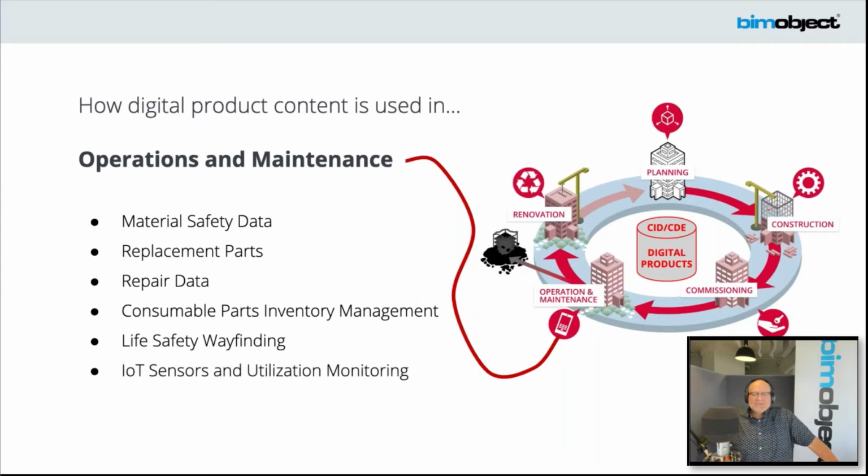IoT sensors and utilization monitoring, we've talked about that. That's again in operations and maintenance. It's optimizing the life of that particular piece of equipment or that particular system, instead of having just a scheduled maintenance that is an average rule of thumb on something as simple as changing an air filter if that's needed.